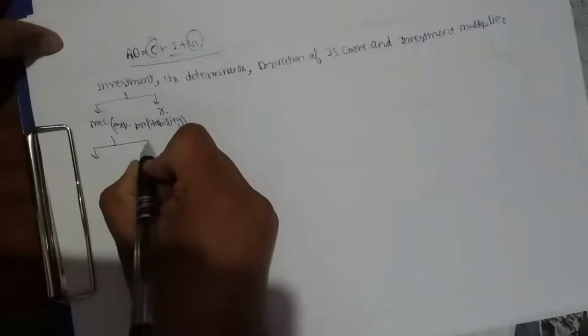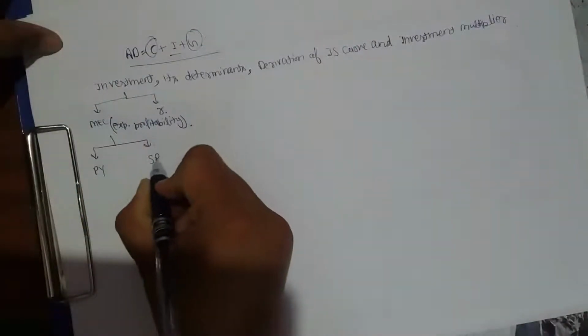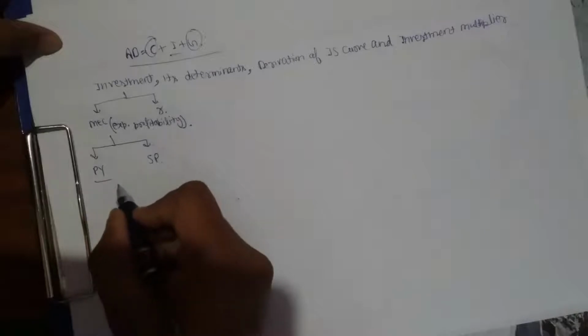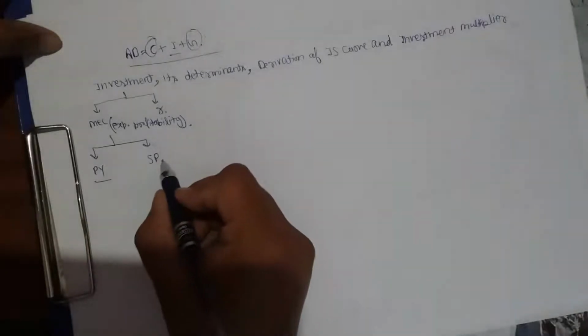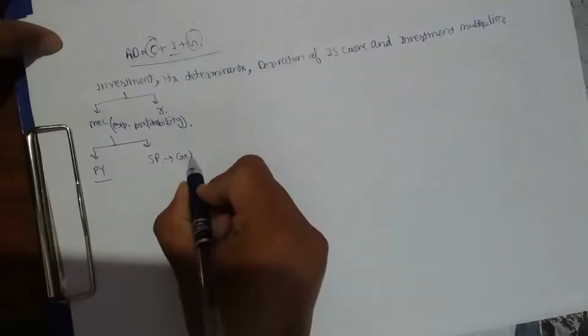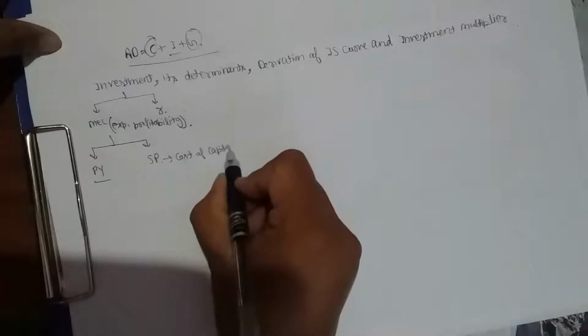And marginal efficiency of capital depends upon prospective yield and supply price. Prospective yield is the income available during the lifetime of the capital asset, and supply price is the cost of capital, right?